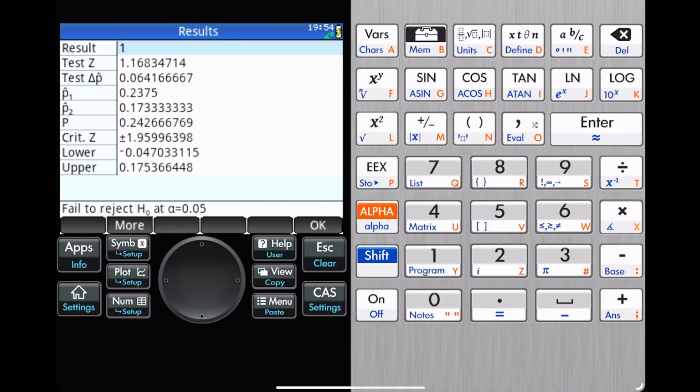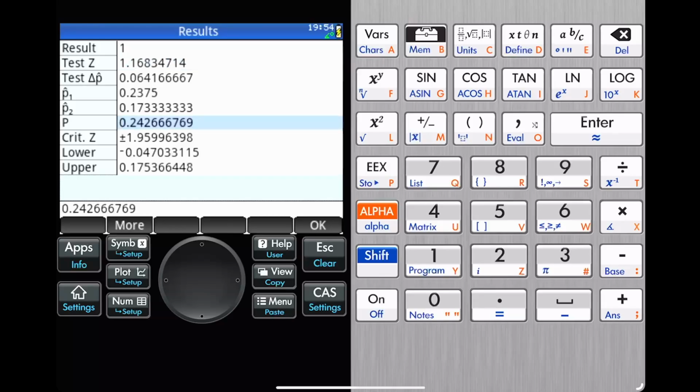Okay, so a couple things here. We get our P1 and our P2, yeah? Now, we rounded some of these values, and so our test statistic is slightly different, right? It's 1.16 instead of 1.08. Now, I might have done the math wrong. You can catch me on that later.